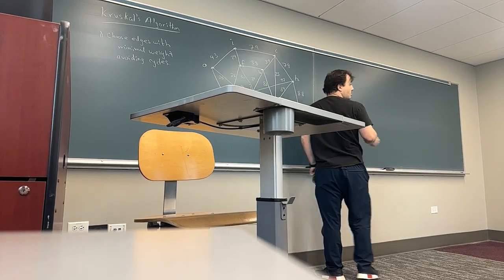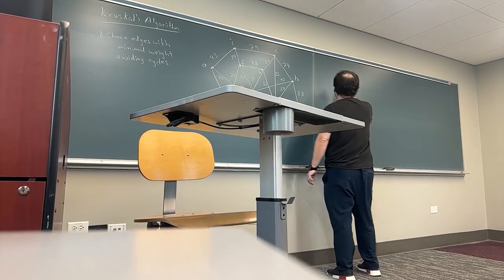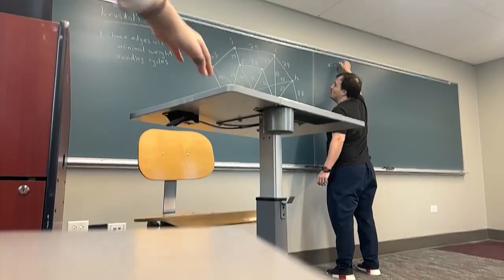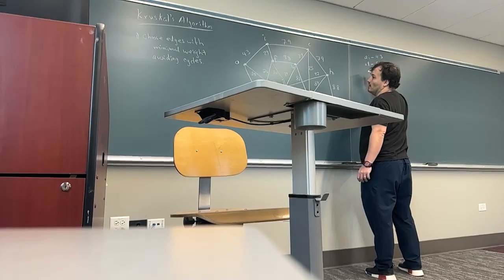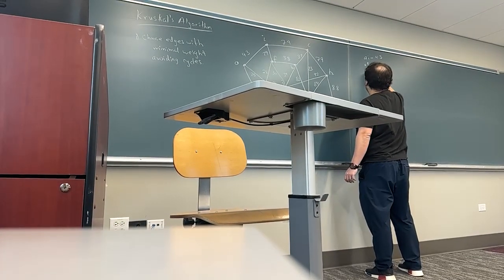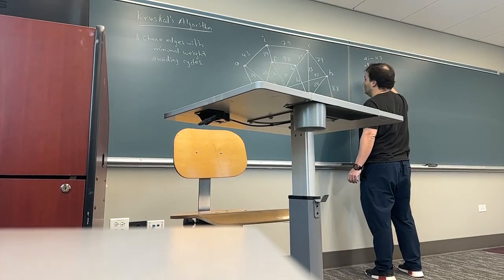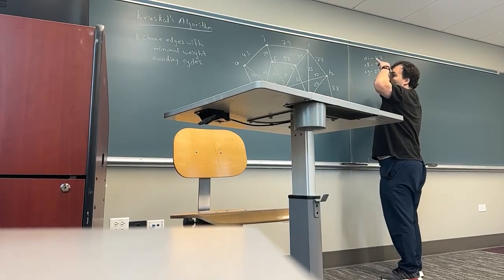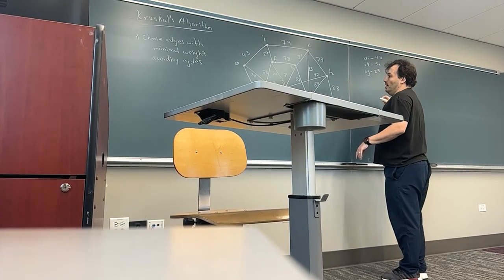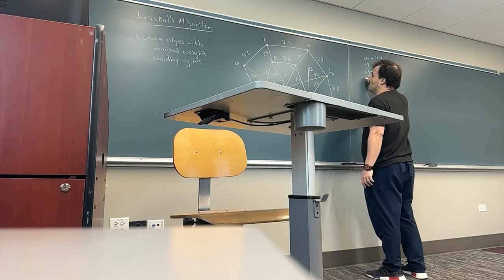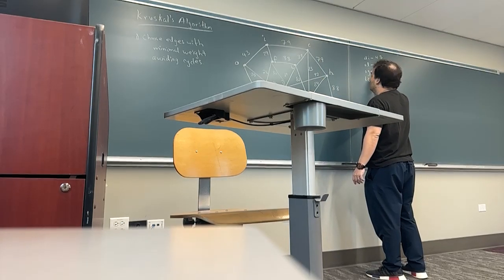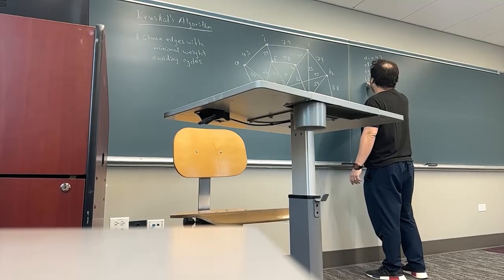Let's see. Which ones are connected to A? We have AI weight 43. We have AL weight 56. We have AG weight 25. So those are all the ones that have A. Now let's look at I: IC 79, IF 29.